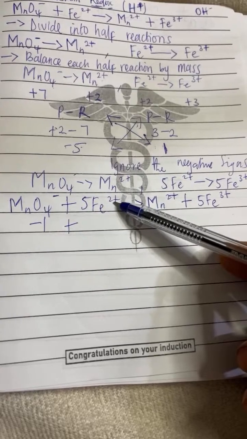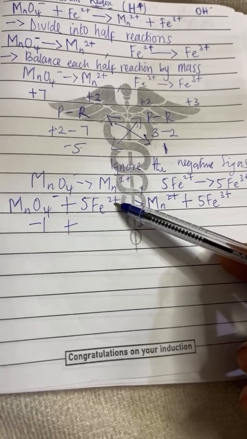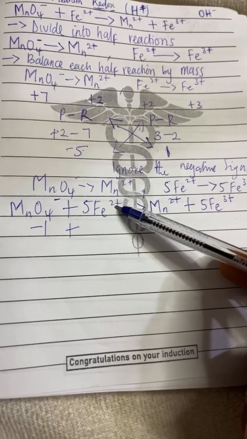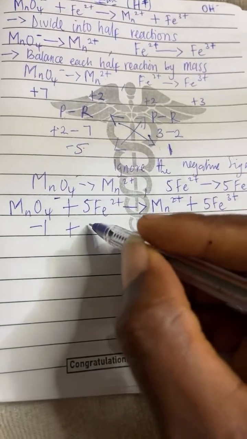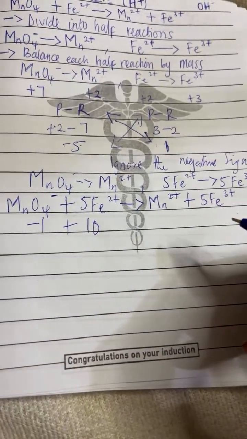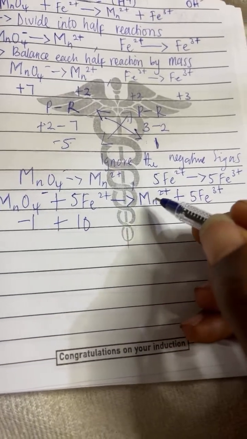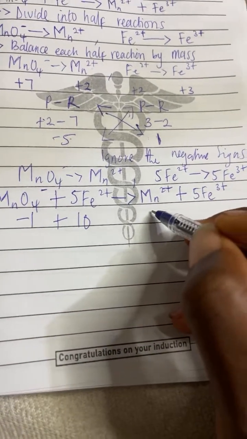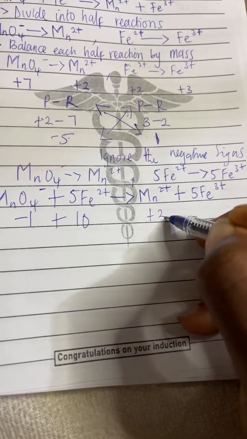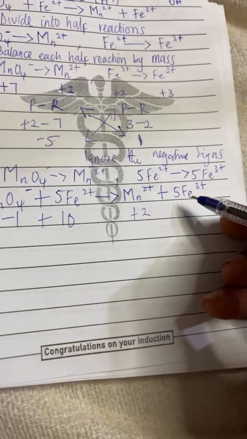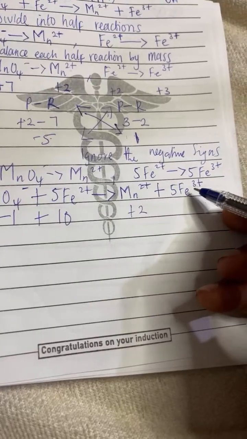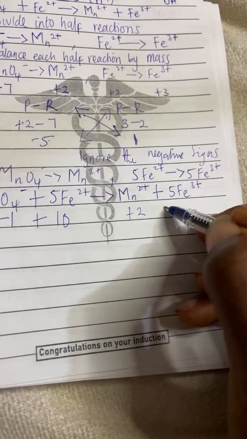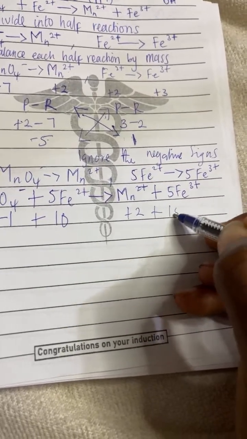But we have to multiply the +2 times this 5, which is the coefficient of Fe, to give us 10. Right? So here we have total oxidation number of Mn2 plus, which is +2. And here we have Fe3 plus. You need to multiply it by this 5. 5 times 3 is what? To give you 15. So you have to add it together.